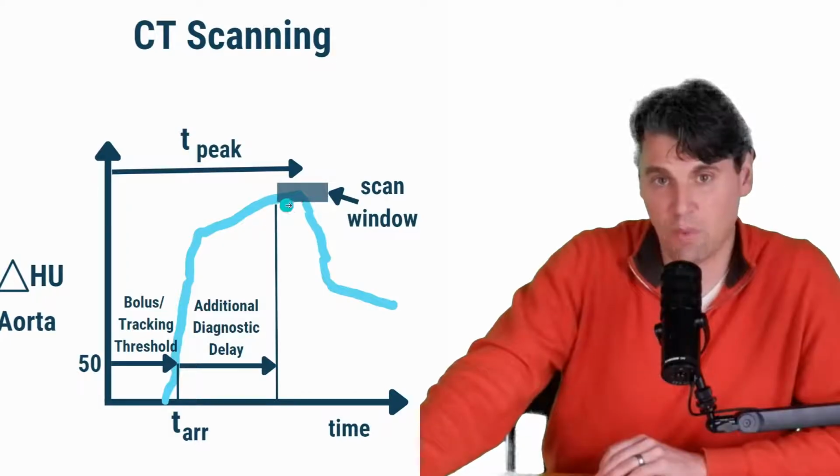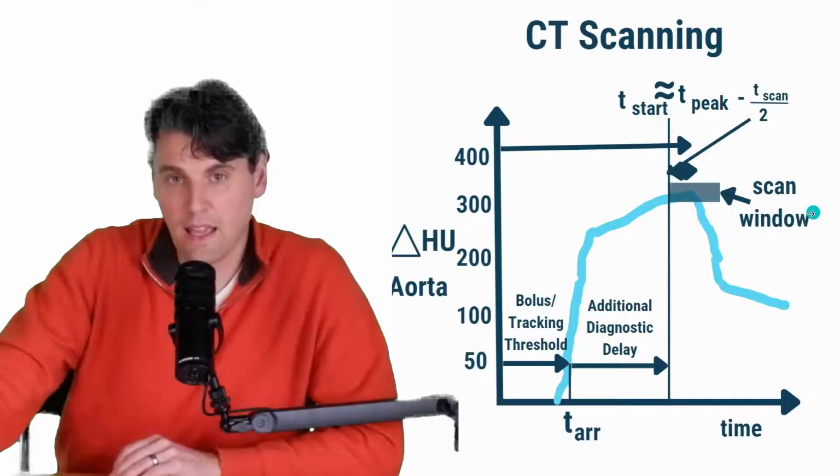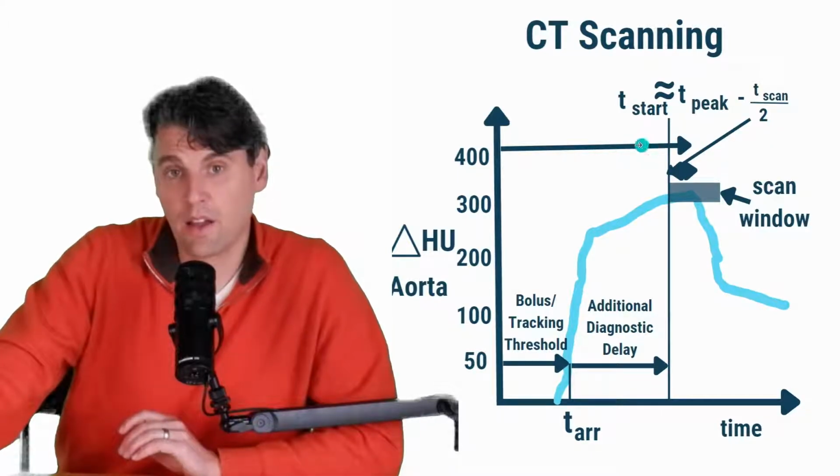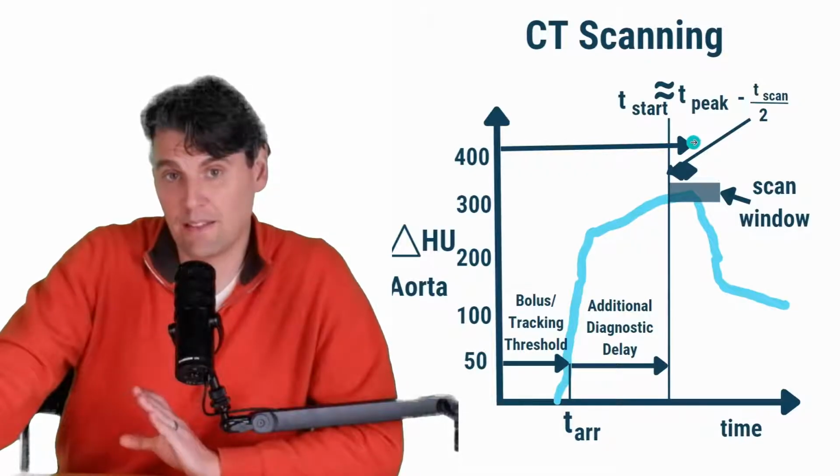So our scan window is right here. Because we'd like to be imaging right when the contrast is at its highest, ideally we're approximately in the scenario where the start time is the peak time minus half of the time of the scan.